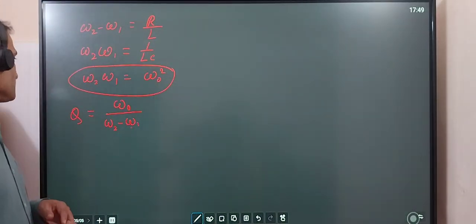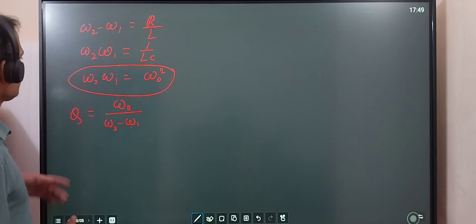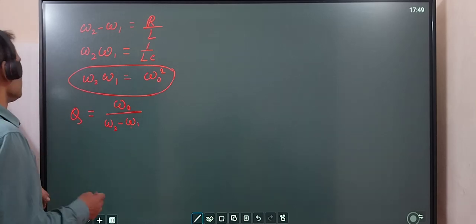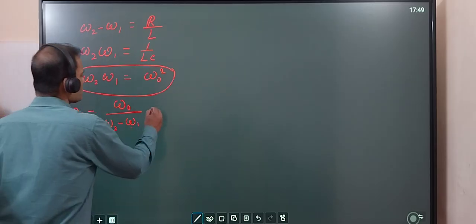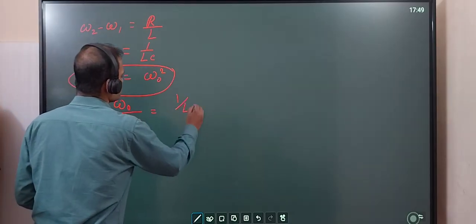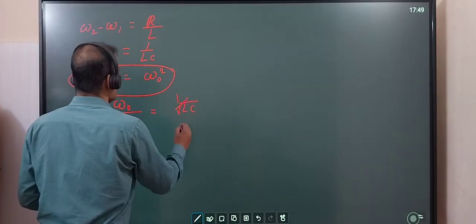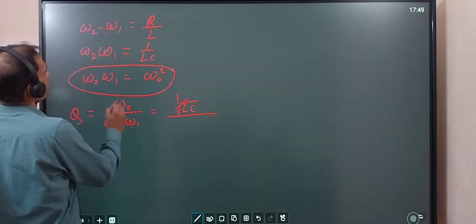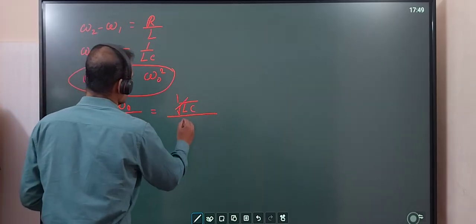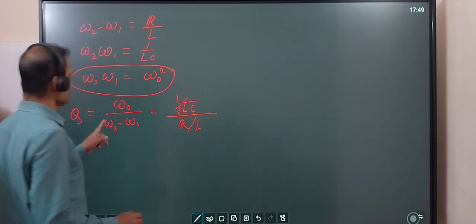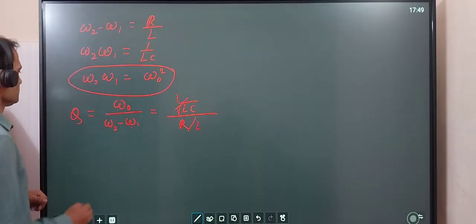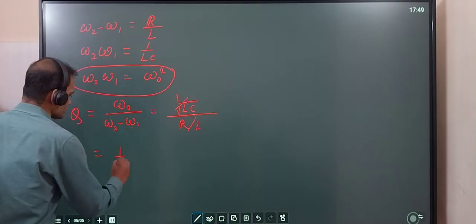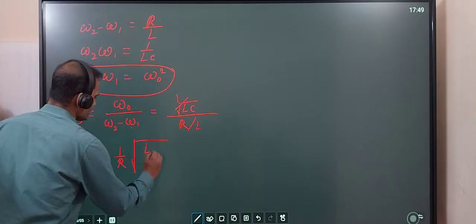Okay, now what we are going to do, this is the quality factor, and omega naught is 1 by root LC, and omega 2 minus omega 1 is R by L. So in the quality factor, R will be at the bottom and root LC will be like this.